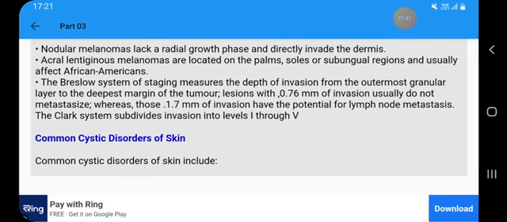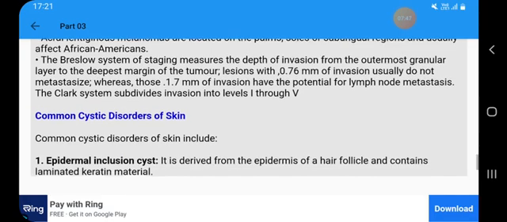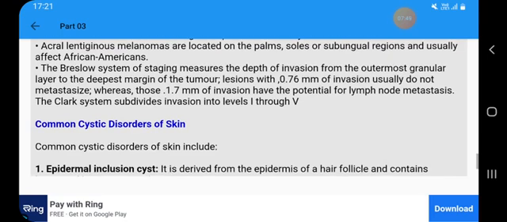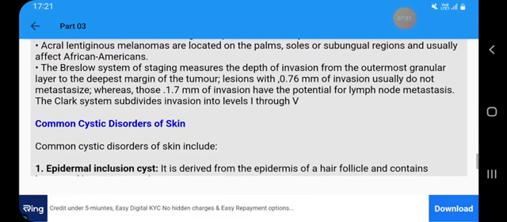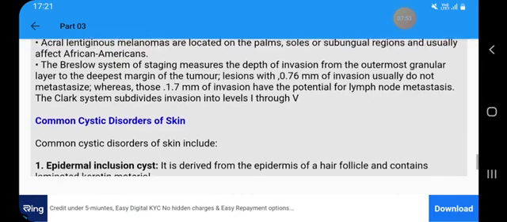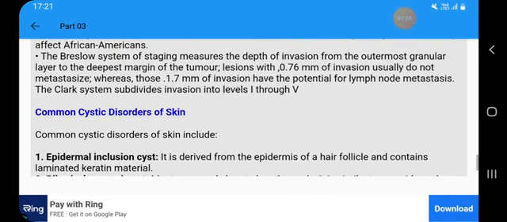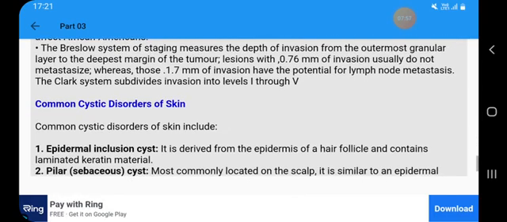Nodular melanomas lack a radial growth phase and directly invade the dermis. Acral lentiginous melanomas are located on the palms, soles, or subungual regions and usually affect African Americans.